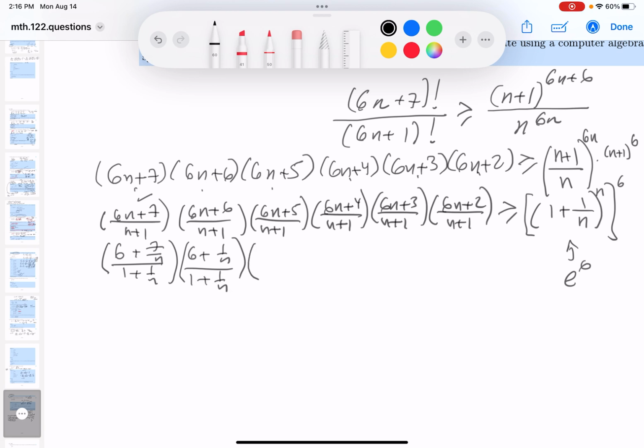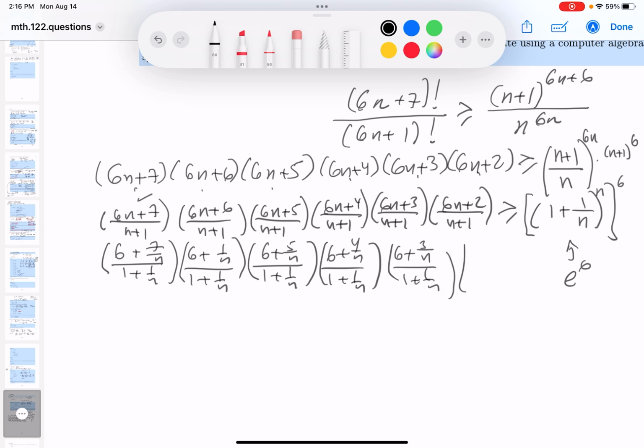Then 6 plus 5 over n, over 1 plus 1 over n. 6 plus 4 over n, over 1 plus 1 over n. 6 plus 3 over n, over 1 plus 1 over n. 6 plus 2 over n, over 1 plus 1 over n.